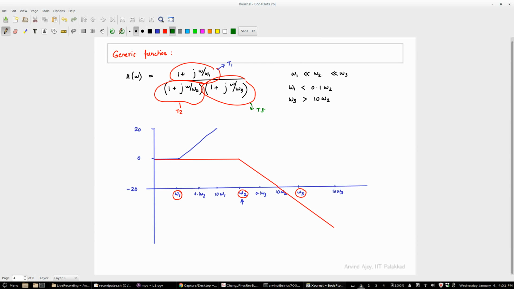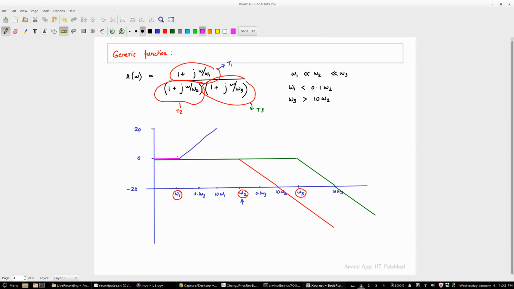So you will come here and you can extend that line like so. That is T2. Let me plot T3 in green. It will look similar to the T2 case, just with a shift to omega 3. So I'm going to have a line all the way until omega 3, and then subsequently roll off at 20 dB per decade and continue down.